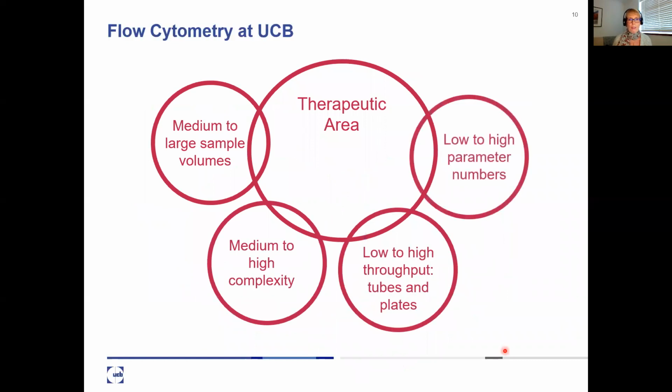Whereas the therapeutic area kind of covers all bases. We can look at medium to large sample volumes, but we tend to err towards higher parameters and higher spec instruments for deeper phenotyping and assessment.